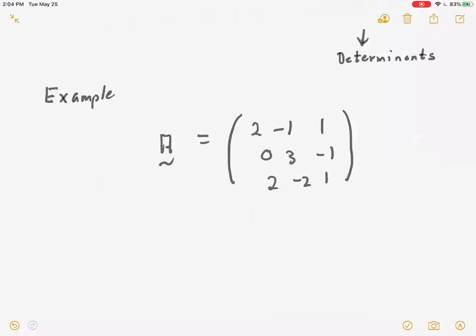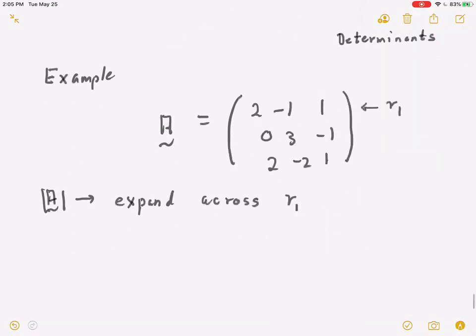And if you want to apply the method of cofactors and minors, you have to expand the determinant of A across some part of the matrix. What we did last time, we expanded it across row 1, and we got an answer.